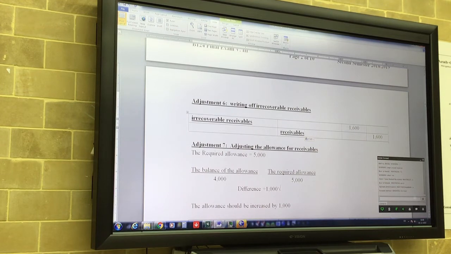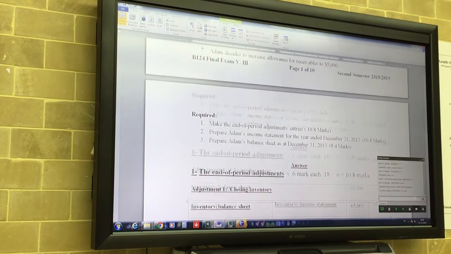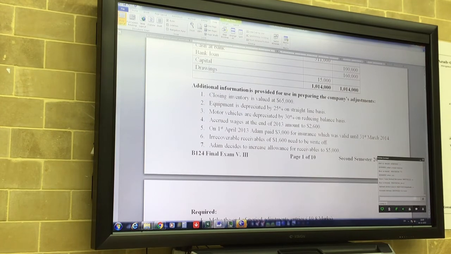So from 6 adjustment entries, we have seven transactions, and all of them will affect your balance sheet and your income statement.